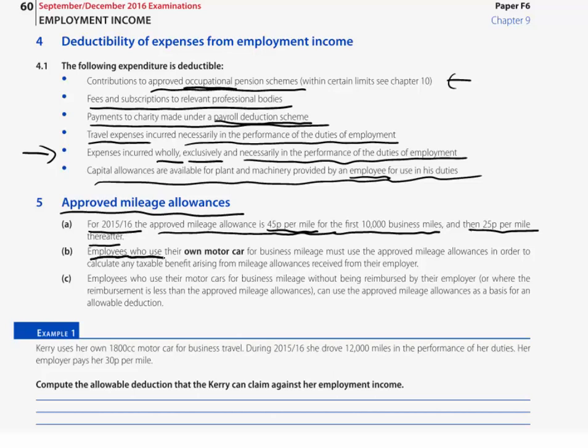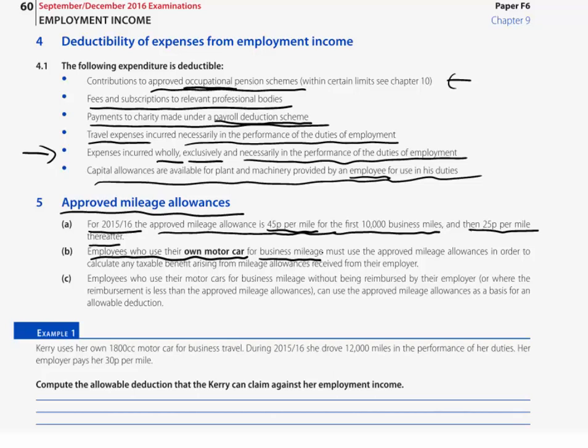So, employees who use their own car, I stress this is their own car, for business mileage, remember business mileage going from one place of work to another, not going from home to work and back. That is not business mileage, that is private mileage.